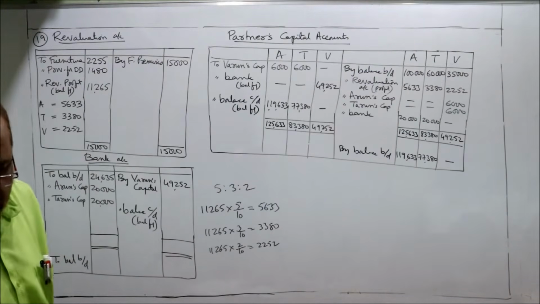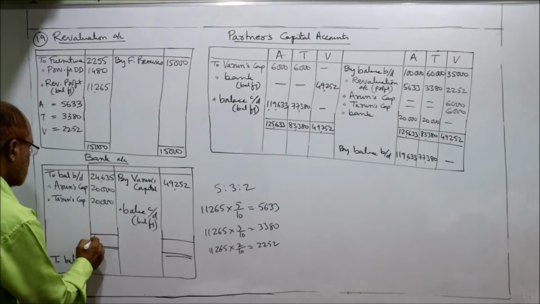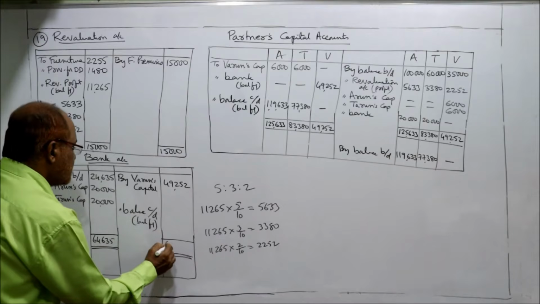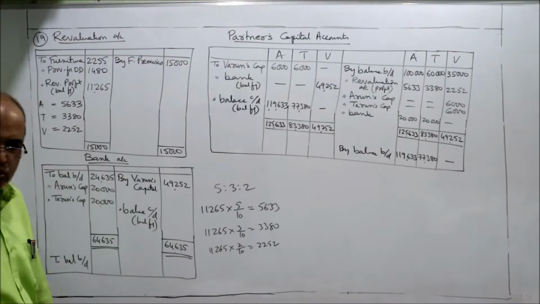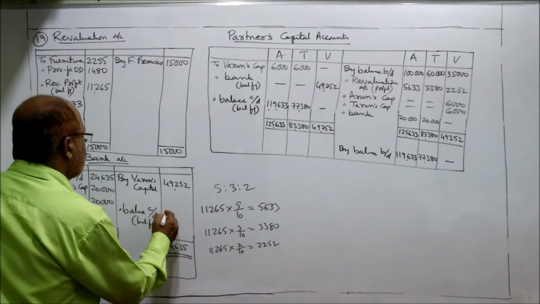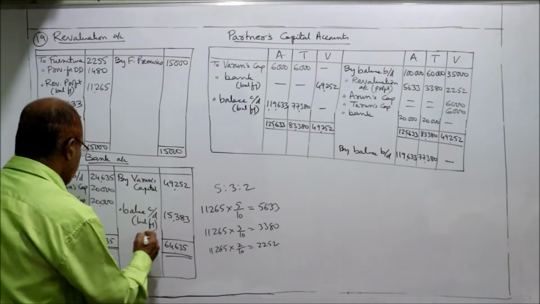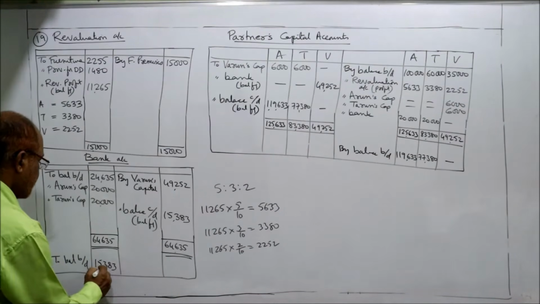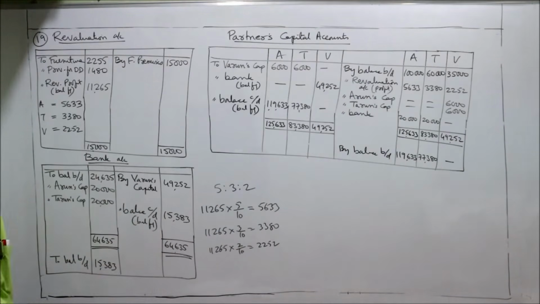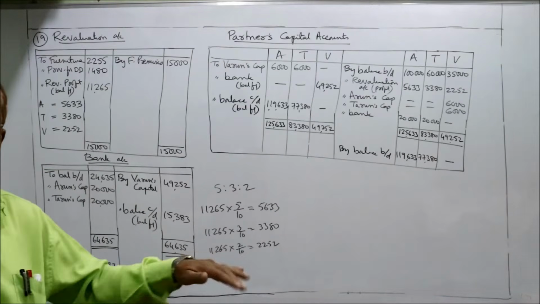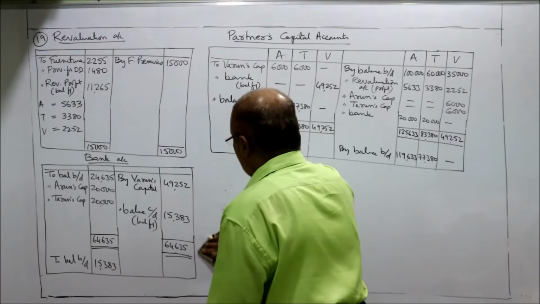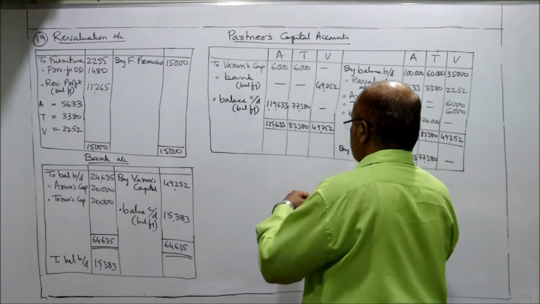Now what is the total on the debit side? 64,635. Now minus 49,252, you will get the balancing figure 15,383. This is the closing bank balance which will appear in the balance sheet. So we have completed the accounts. Now we can make the balance sheet.